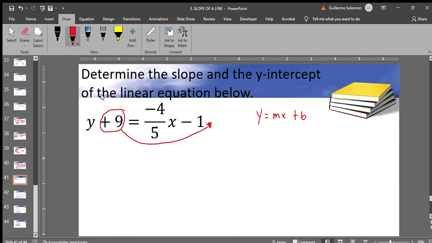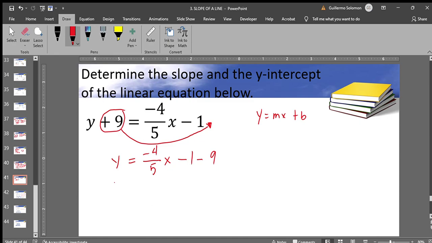So retain y, and then equals to negative 4/5. So that is already in the lowest term. Rewrite lang. Negative 4/5 x. Next, negative 1, right? And then from positive 9, you will get negative 9. Yun, nilipat ko. From positive, it will become negative.